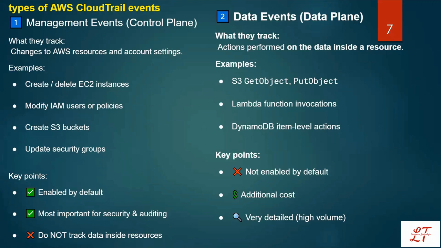And coming to the second event, which is the data event. It tracks the actions being performed inside the data resources. For example, inside S3, it can track when you're uploading data to S3 or deleting data in S3. You can also track Lambda function invocations, or what is happening inside DynamoDB, for example if you're querying data, creating a table, deleting the table, or adding some attributes to the table.